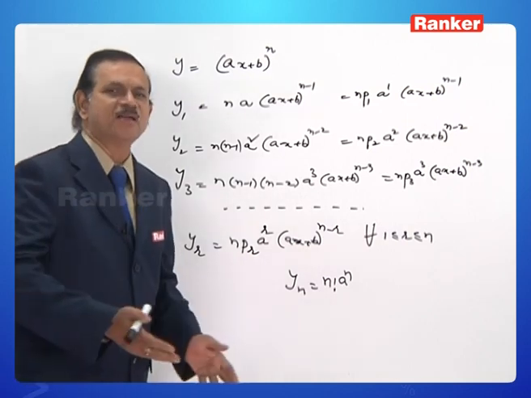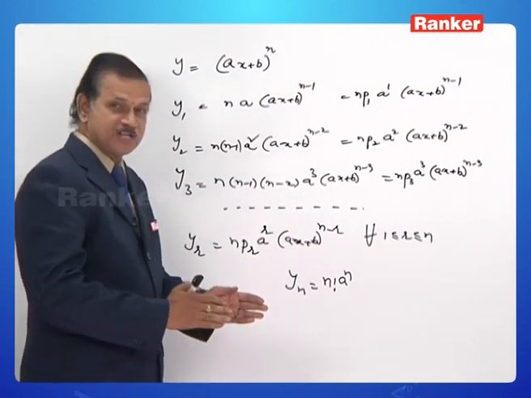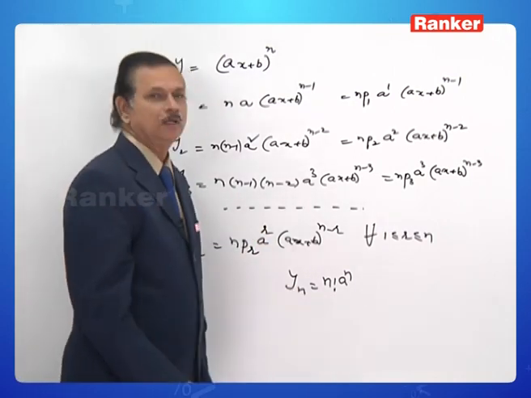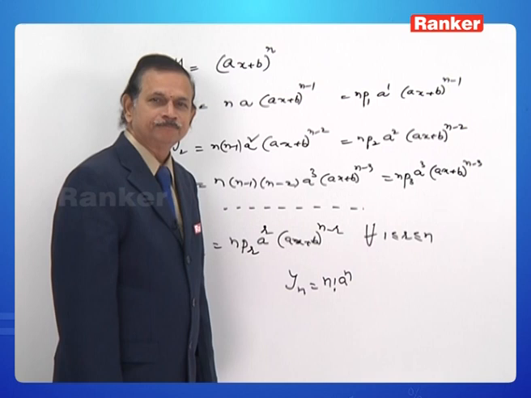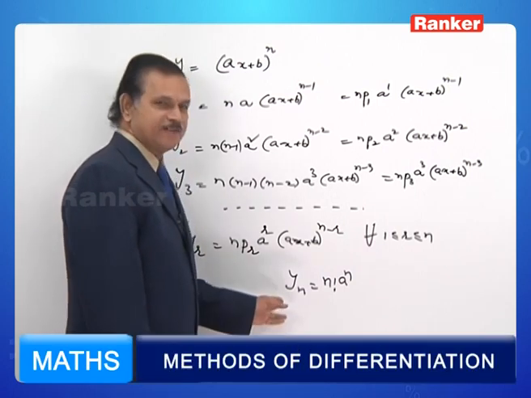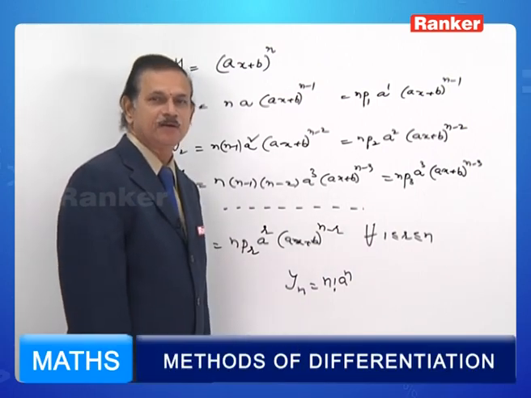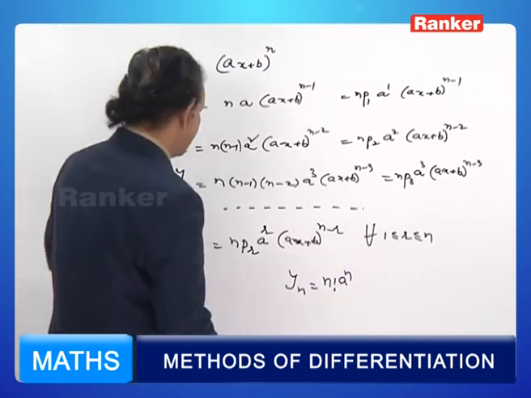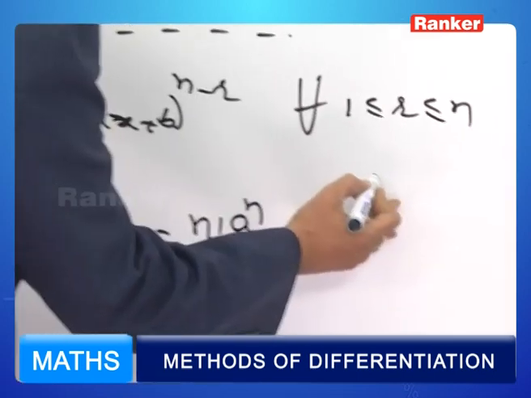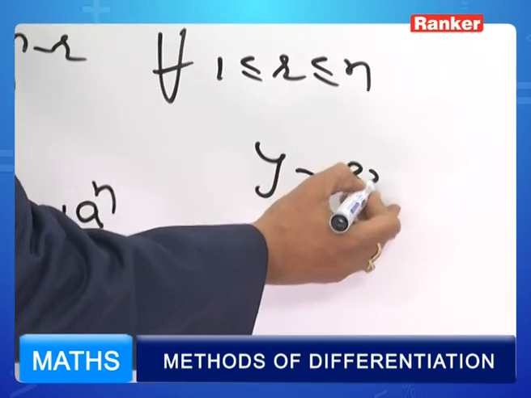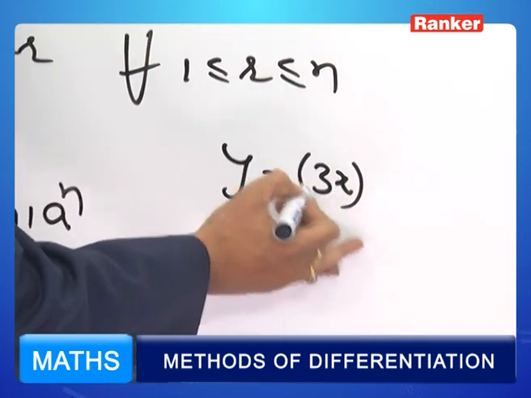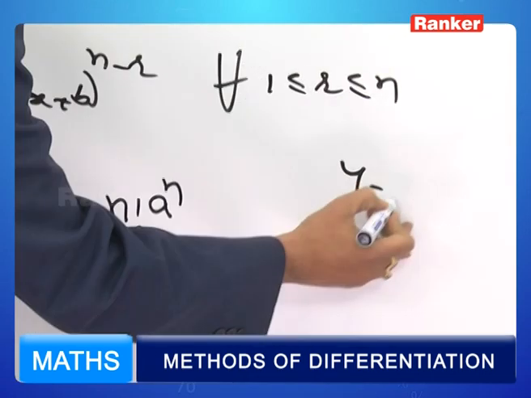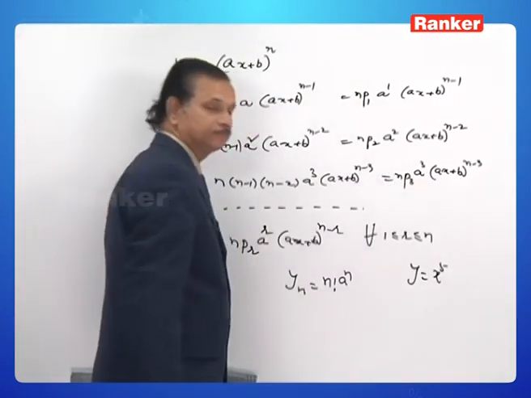What is y(n plus 1)? If you want to differentiate it still after n times, that is the (n plus 1)th time, it becomes 0. So the (n plus 1)th derivative of y is equal to 0. Now I like to ask you one question. y is equal to x to the power of 5.